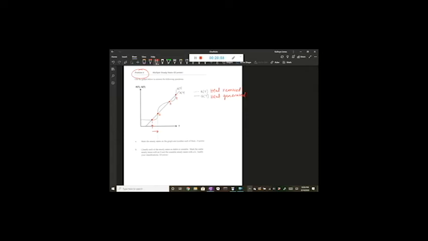And in stable points, so if it's stable, at T just slightly greater than your point, you will see the heat removed will be greater than the heat generated.